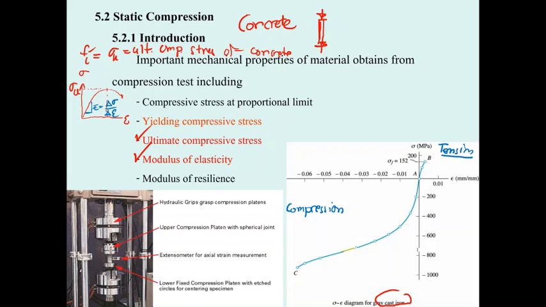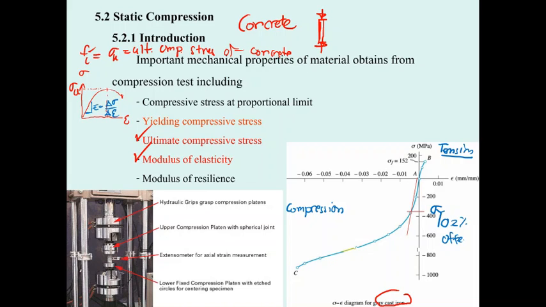For the cast iron, you get this. You have to determine this proportional stress, or most of the time it's going to be the same point as the sigma sub y, the yielding compressive stress. Most of the time you use the 0.2% offset to determine it.